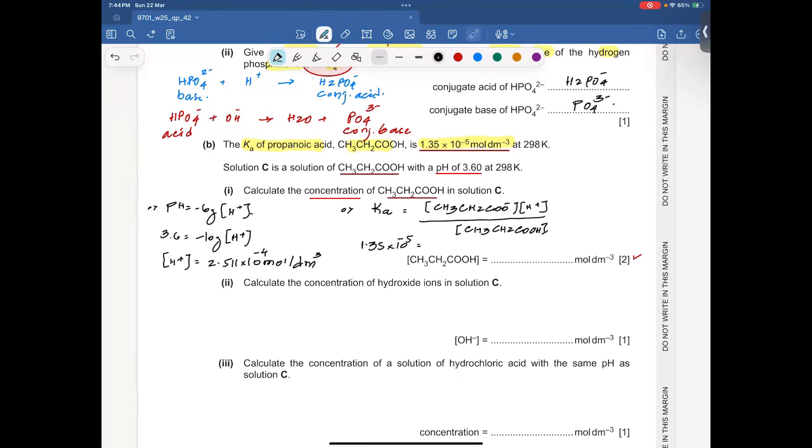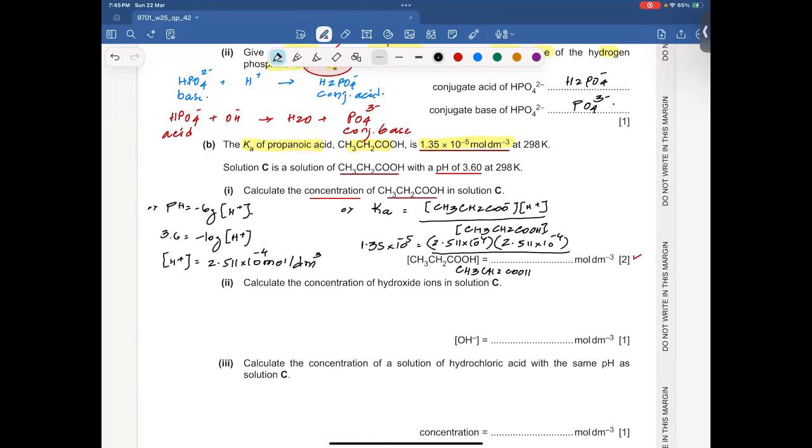Since propanoate and hydrogen ion have a 1:1 ratio in the equation, the concentration of propanoate ion is also the same. So I'm going to write 2.511 times 10 to the power minus 4 for the propanoate ion, because of the 1:1 ratio, and the same for the hydrogen ion, divided by the concentration of propanoic acid, which we need to calculate.